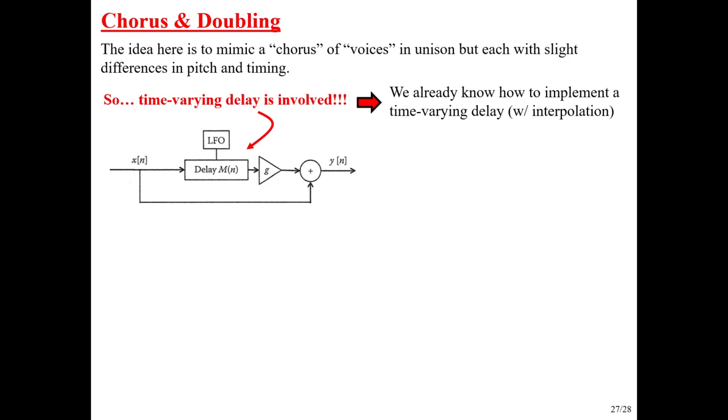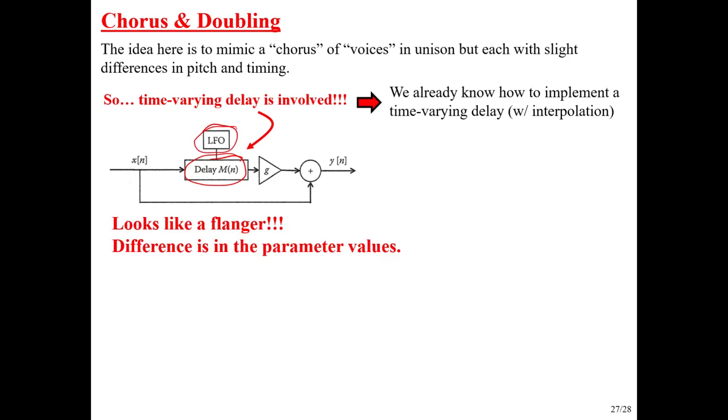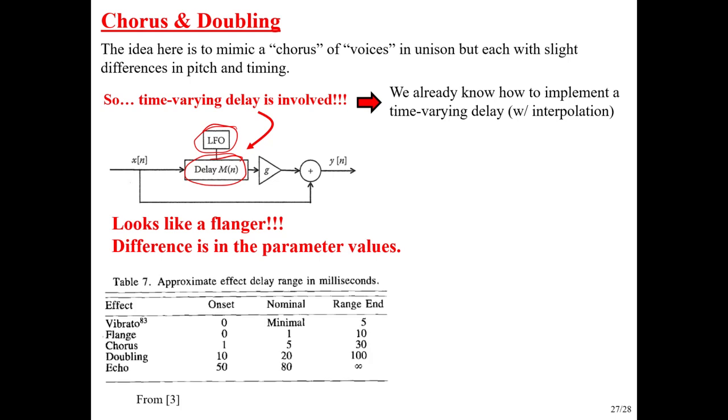Looks like a flanger. Okay, but the difference now is these delays that we're talking about here are going to be longer than the delays for a flanger, and the LFO is not going to sweep them over such a wide range as we saw before. So looks like a flanger, but the difference is in the parameter values.